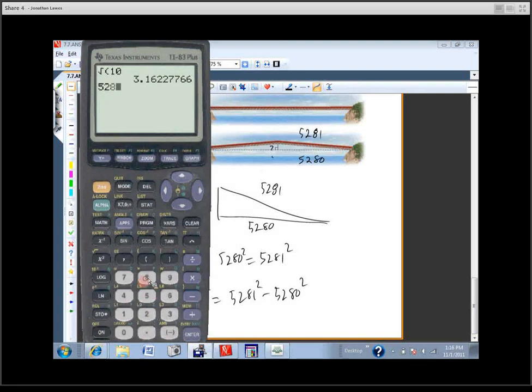So this is going to be, let's see, 5281 squared minus, excuse me, 5280 squared. That's that. And then I take the square root of that. If I don't want to type that number in, has everybody seen that answer button on there? Okay, so I'm going to hit second answer, and it'll find that square root.